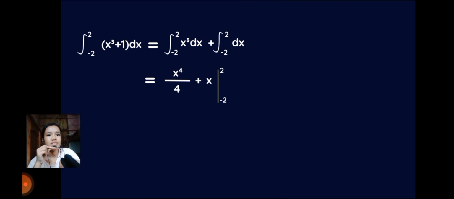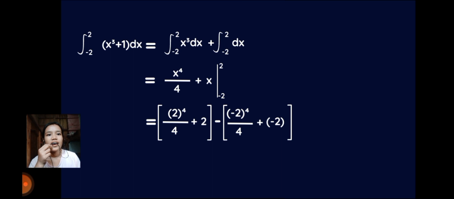So 2 raised to 4 over 4 plus 2 minus -2 raised to 4 over 4 plus -2. Dapat nato makalimtan nga dapat na jud si parentheses para dili ta magkamali.